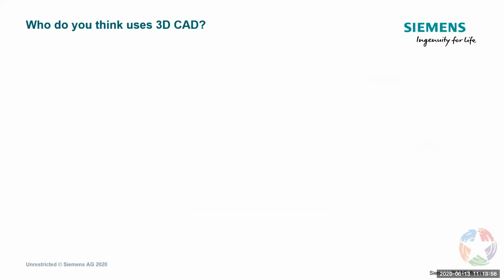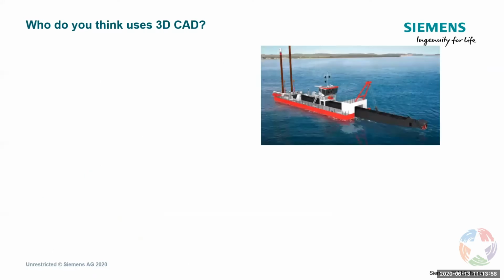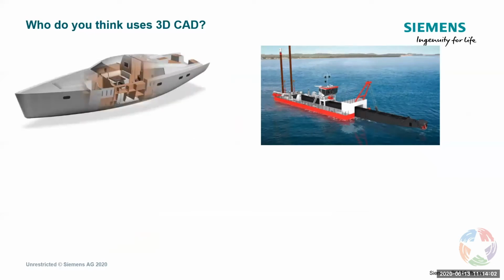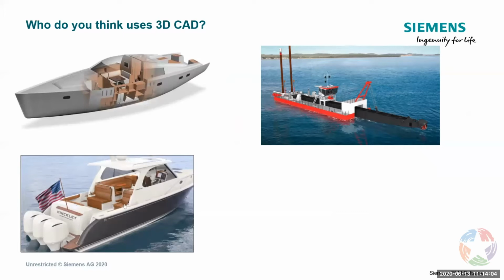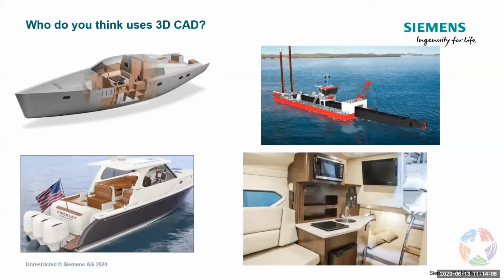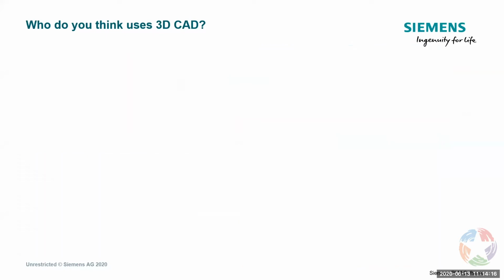Another way of looking at this is vehicles, let's say boats and ships, those types of things. And not only the outside of the boat, but also the inside of the boat, companies use 3D CAD to design all this so that they can get good fit and function. And again, also look at weight.